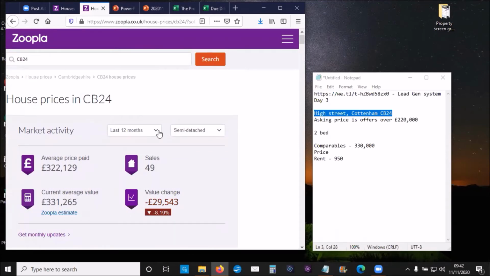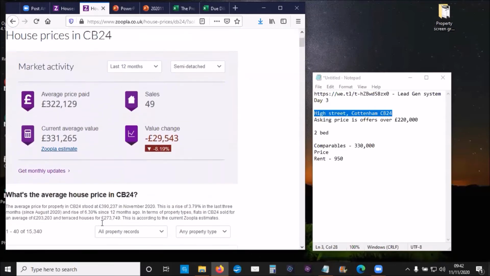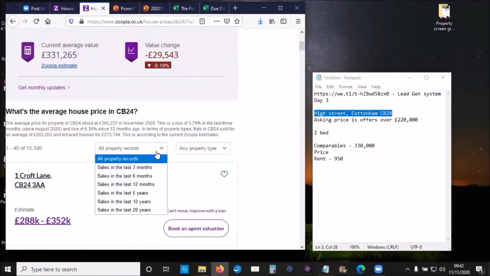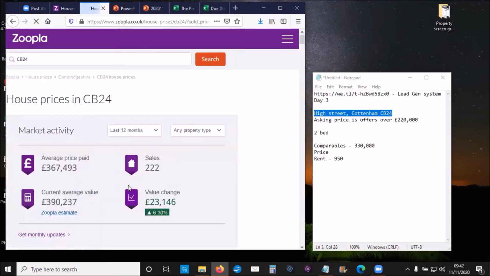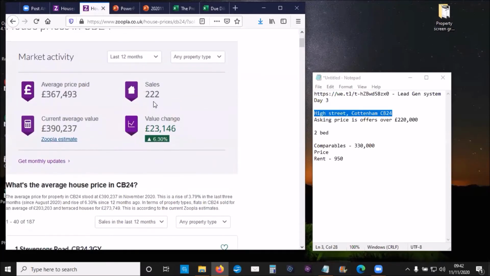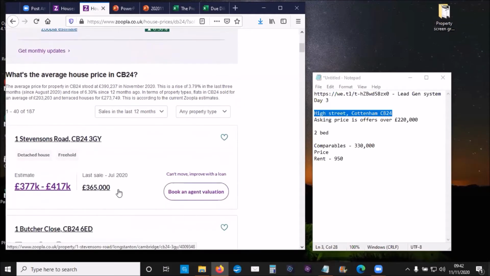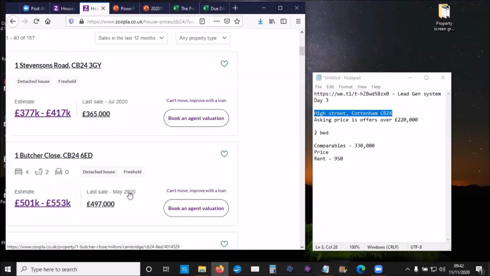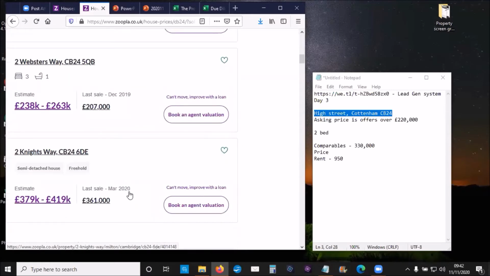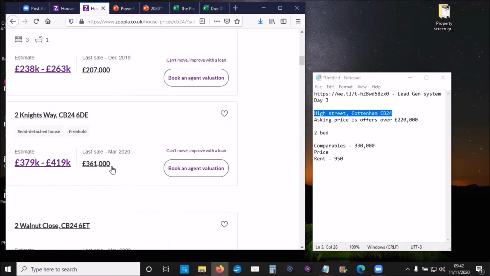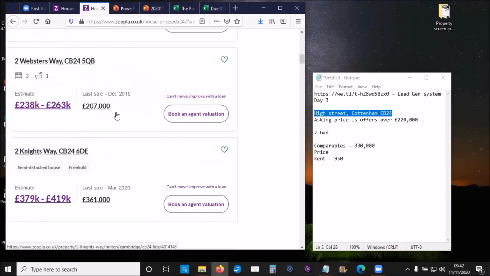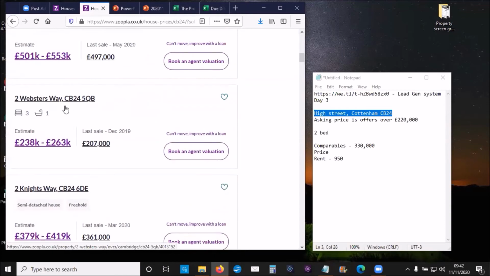Okay, last 12 months. I don't know why it doesn't say sales in the last 12 months. 222 sales, but how come I can't see them? I guess this is it. 361, 207.